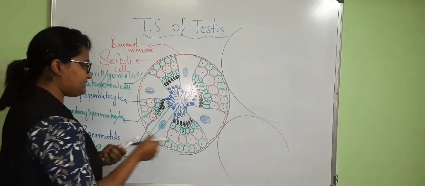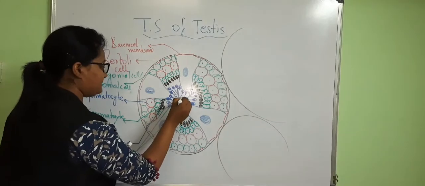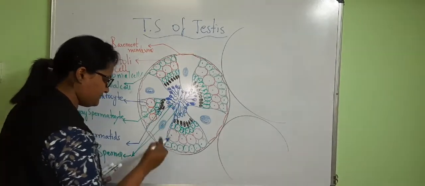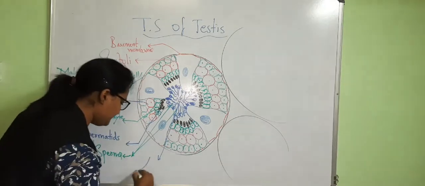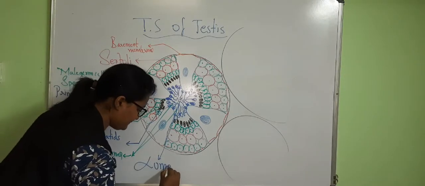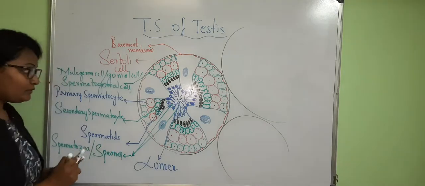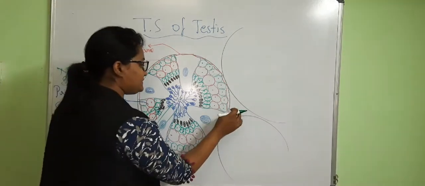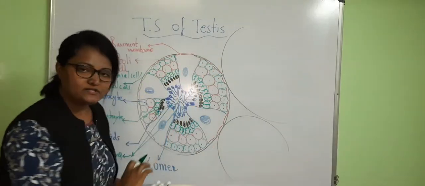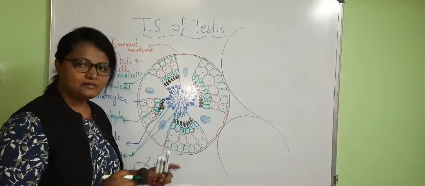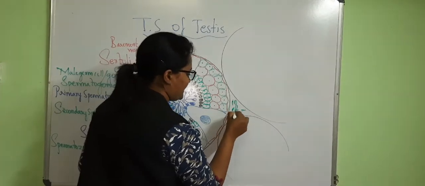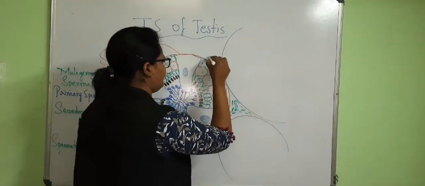And the central part, the hollow empty space within the seminiferous tubule, we call it lumen. Not only these sections, these things are there. Can you see the spaces between the seminiferous tubules, that is intercellular space? This space is also called interstitial space.